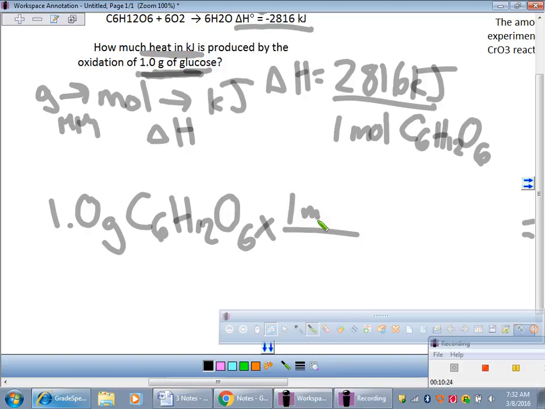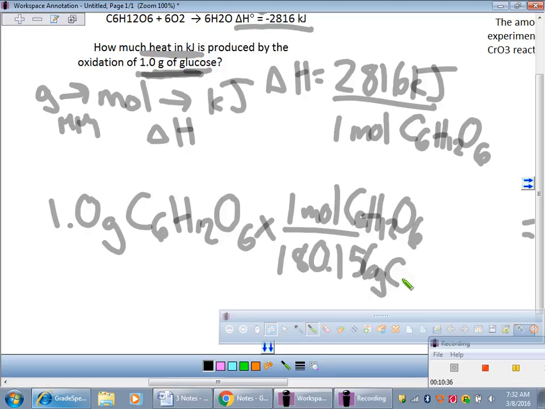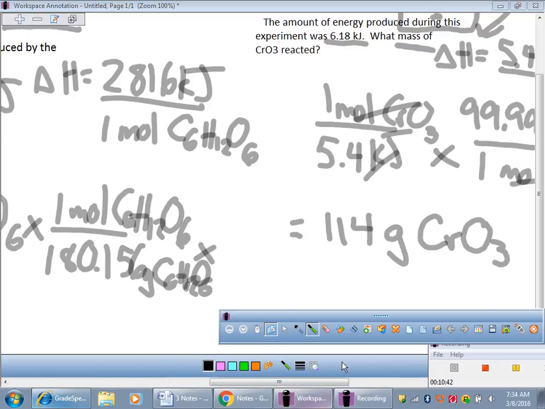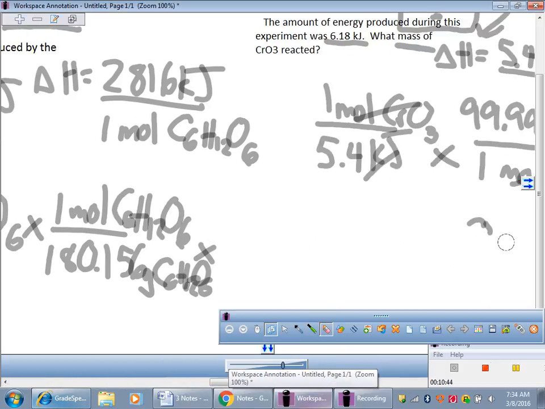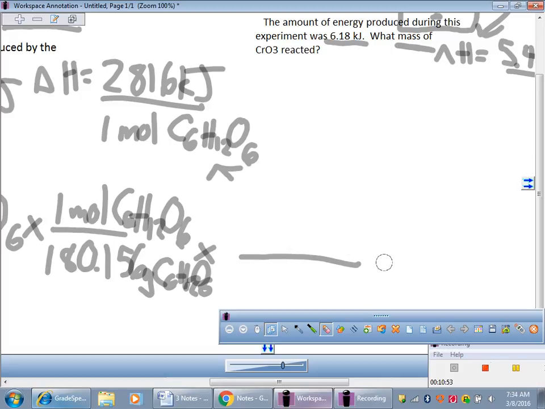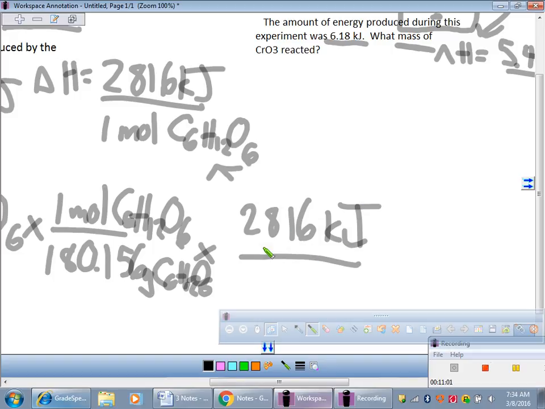Alright, so the molar mass of glucose is 180.156. And then our next step is when they're now in moles, but we want to go to kilojoules, so we have to use our delta H. So we're going to plug in our delta H. And this time the kilojoules are on top because we're solving for heat and we're trying to get rid of moles.